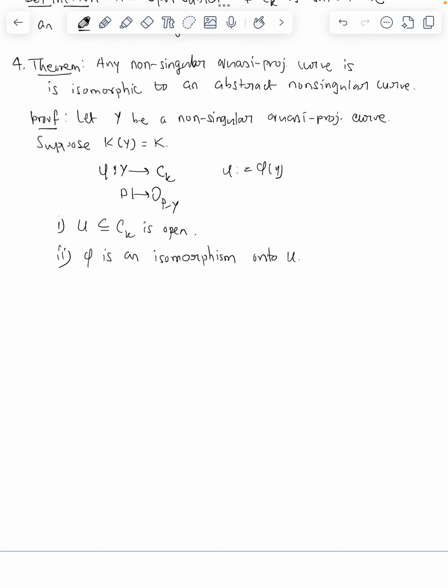And so let's see point number two first. That's obvious because the regular functions on U are just the elements of this, and under the map phi, this point p goes to the regular functions of this.